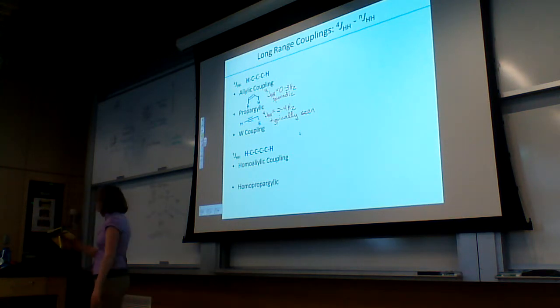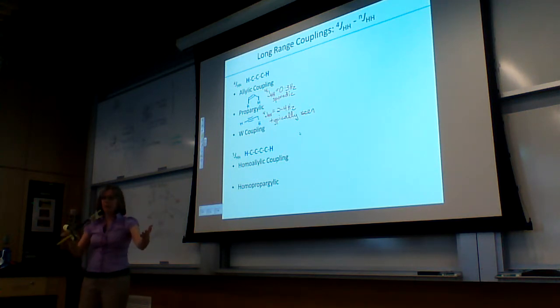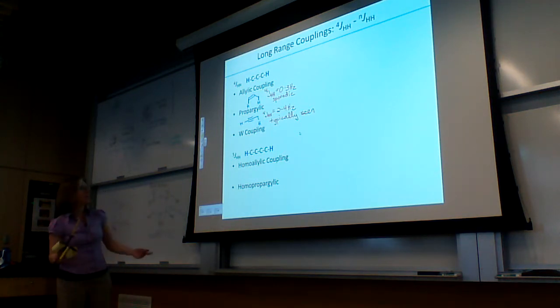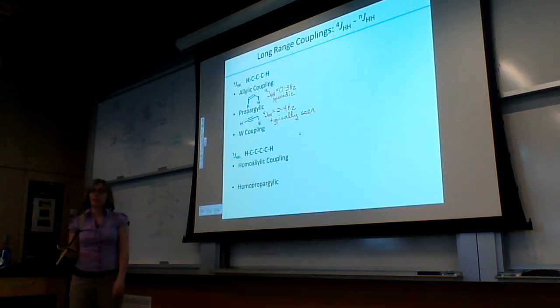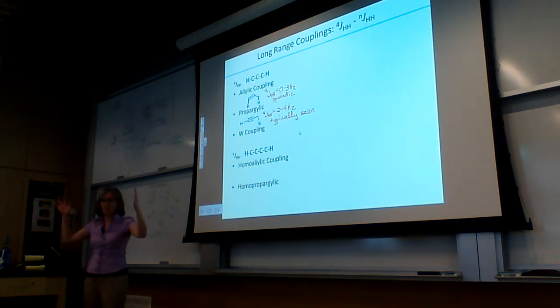With the alkyne, which I didn't bring mine in, you've got 2 pi systems on either side, right? So you have it going this way and you have it going this way. No matter where this rotates or falls off, it's going to overlap with the pi system. And so you always see, or almost always see that coupling. But again, these are very small couplings, so you have to zoom in close to see them. And you won't see them if you just print out the whole spectrum.